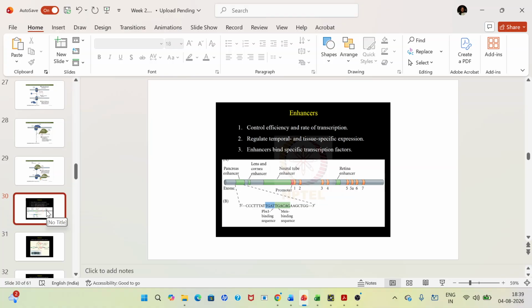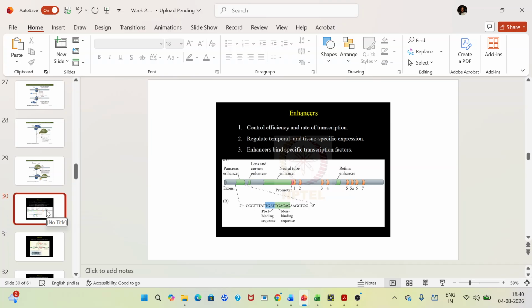Obviously enhancers will also get bound with some kind of transcription factor, some kind of activating or inhibiting molecules, which will further lead to the control in the transcription rate or the efficiency of the RNA polymerase in transcribing that particular gene. They regulate the temporal or tissue specific expression, whether the gene should be expressed in that tissue or not.